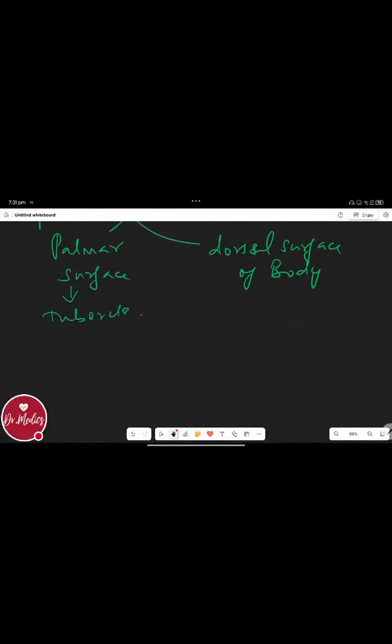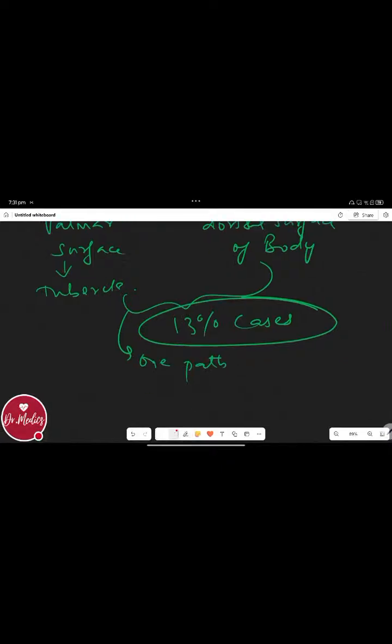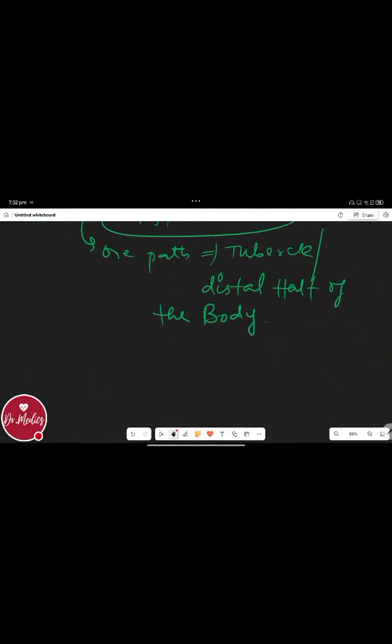In about 13 percent of cases, these two enter in one path, that is through the tubercle or through the distal half of the body.